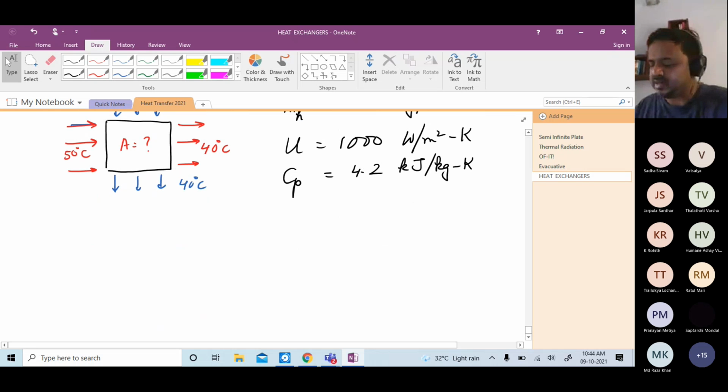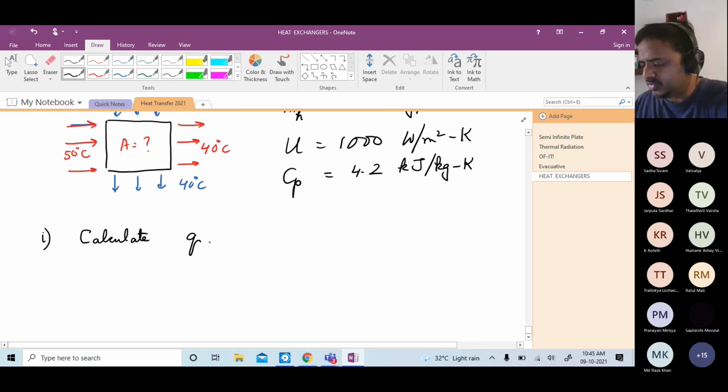So this is also a very standard problem. The process, I'm not going to write everything here. Process is first calculate Q, and that you can do from m dot h Cph times Thi minus The.